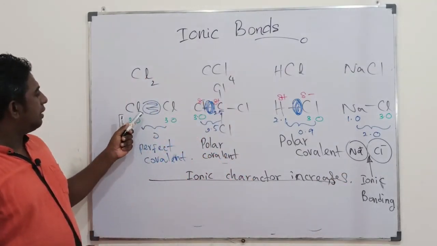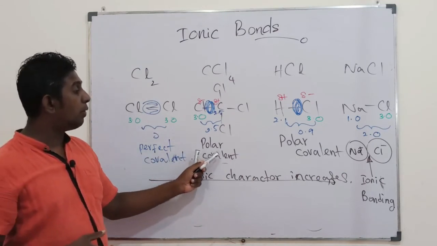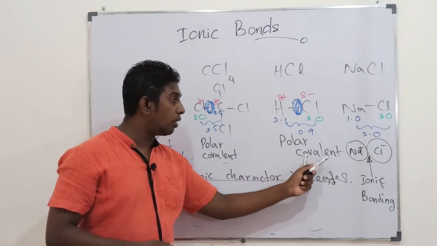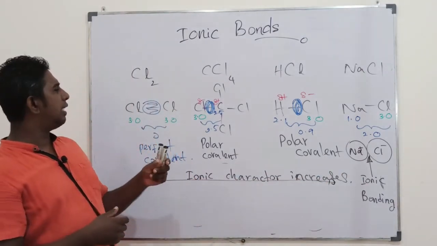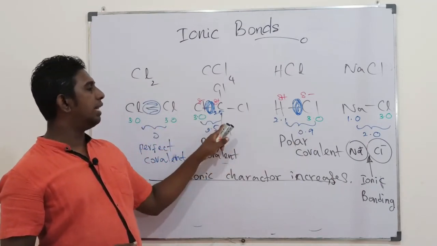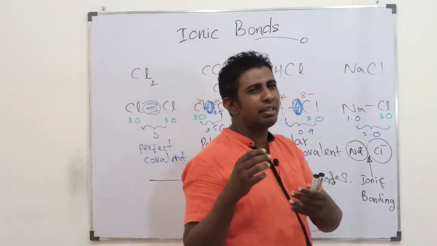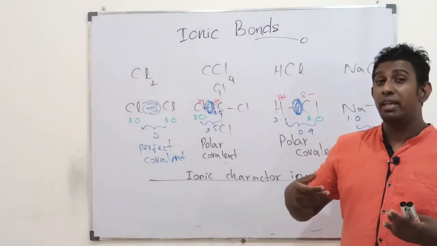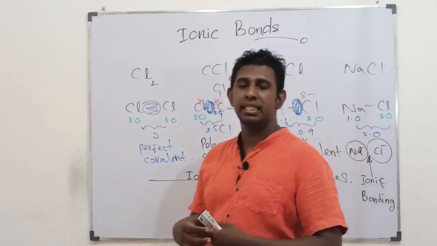So this is 100% covalent, perfect covalent, this is polar covalent, this is polar covalent, and that one is ionic. When you compare each other, this is more ionic than this, this is more ionic than this, this is more ionic than that. So you could compare those covalent compounds with each other as to whether they are more ionic or less ionic.